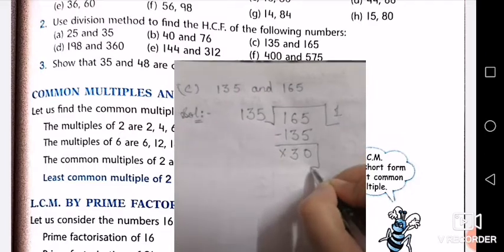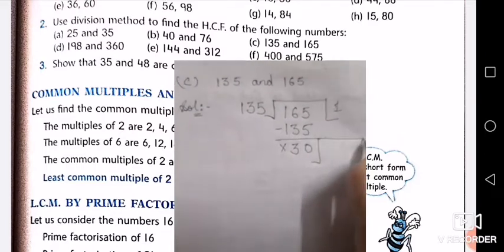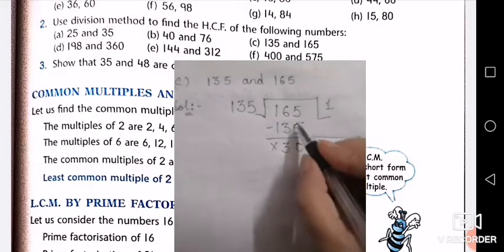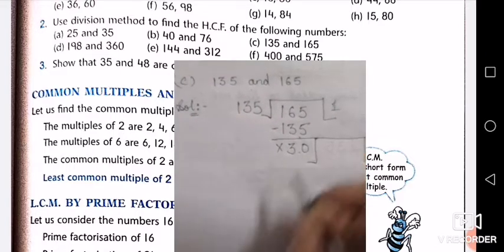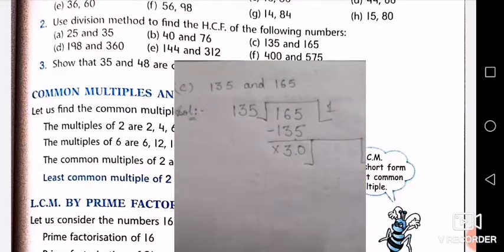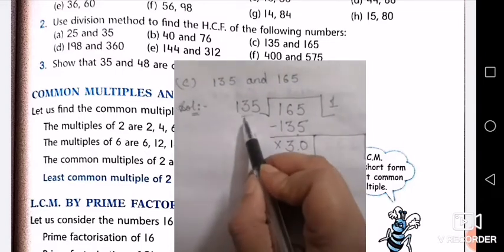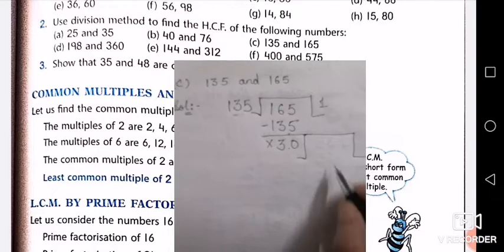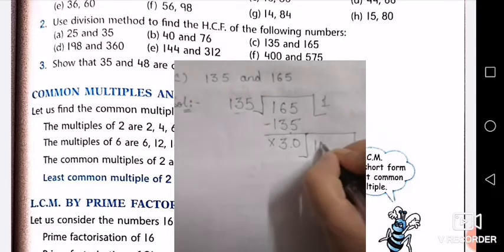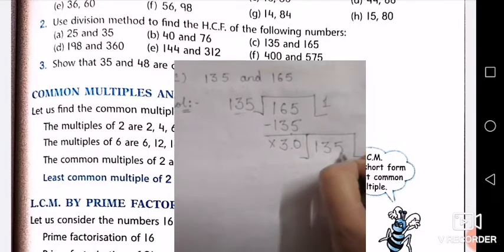Now in step 2, the remainder which you get in the first step will become, yes correct, your divisor, and this divisor will become your dividend.